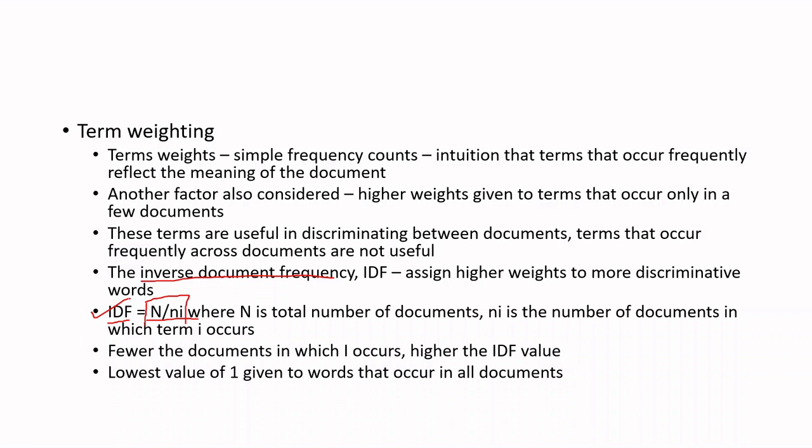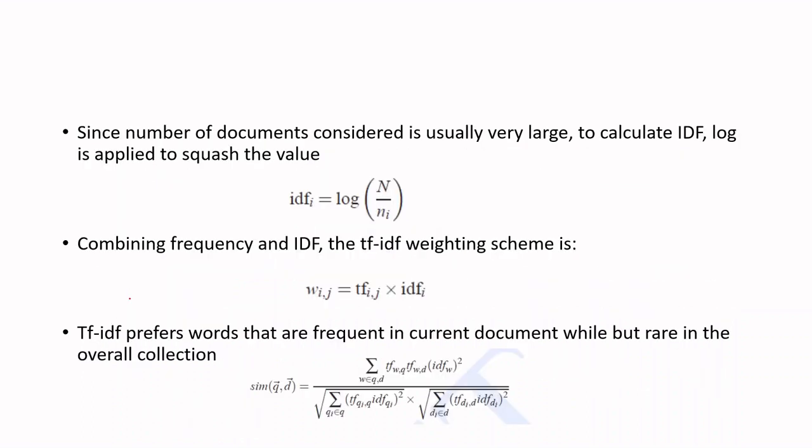Here we are trying to find an optimal measure to identify words that occur frequently but also provide more discriminating power. So we can combine the frequency as well as the inverse document frequency.